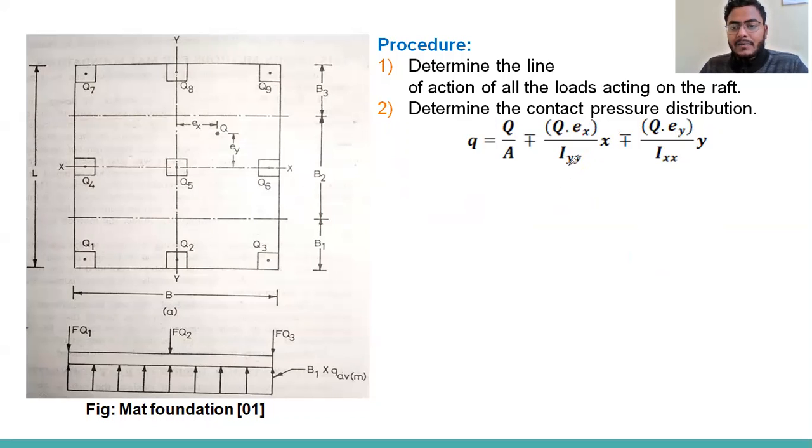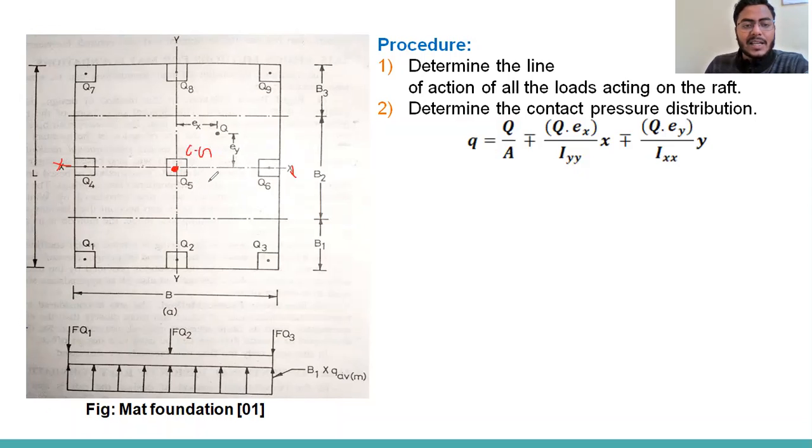And what is Iyy? Iyy is the moment of inertia about the y axis. Ixx is the moment of inertia about the x-axis. This is very important. You can see in this figure, the origin is here, the x-axis is this, the y-axis is this, and the origin coincides with the centroid of this raft.